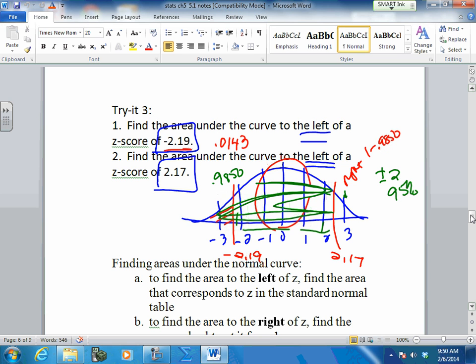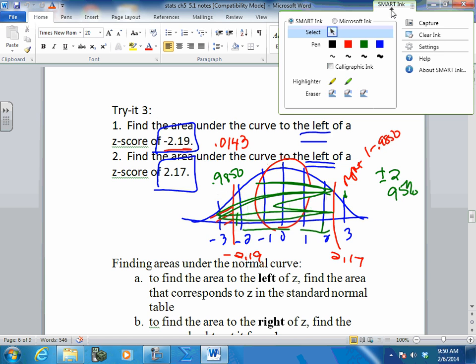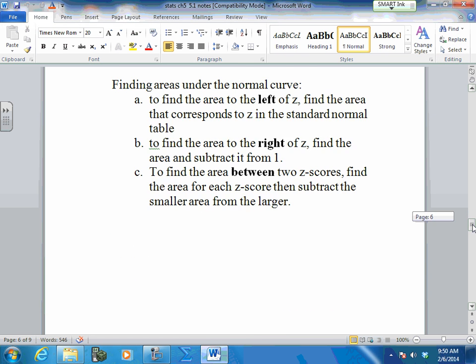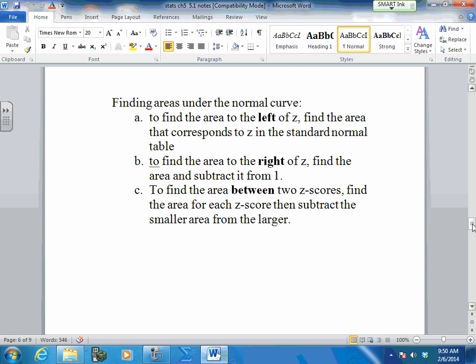Well, this is important. Do you remember when we did this? We did this kind of before the probabilities. They introduce it first, and then they introduce probabilities, and then they come back to this. Now, there are 3 things that you're going to have to do. One is the area to the left, and I think I have this on your note page.